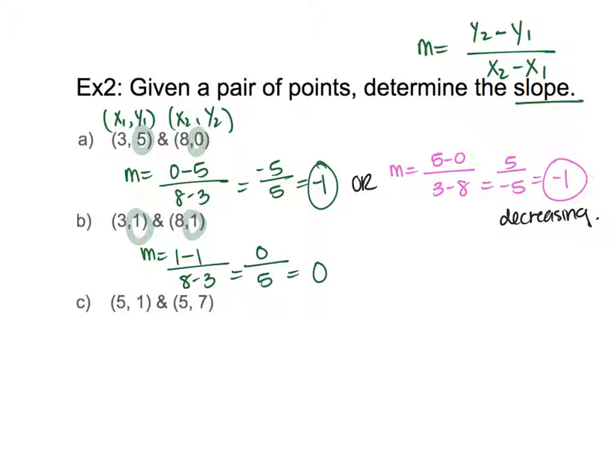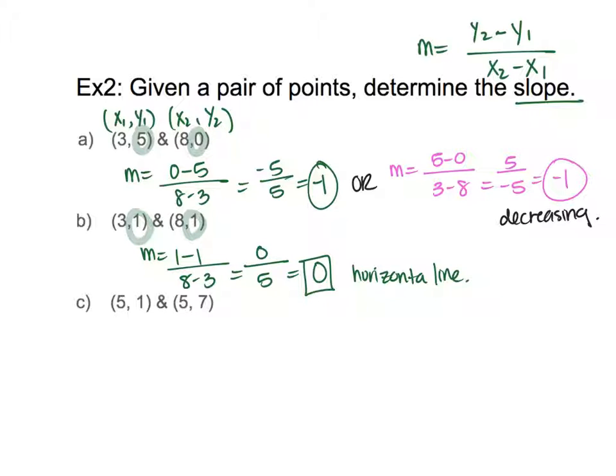Anytime the numerator is 0, whatever you're dividing by, positive or negative, you should get 0. So if the slope here is 0, that means we have a horizontal line.